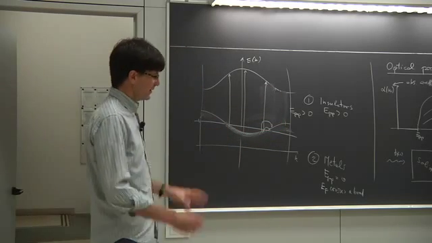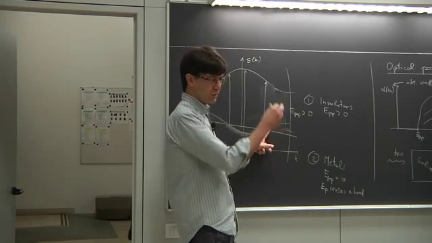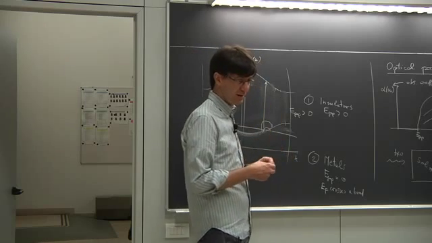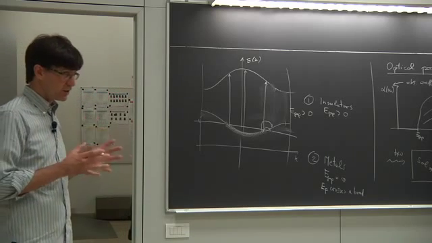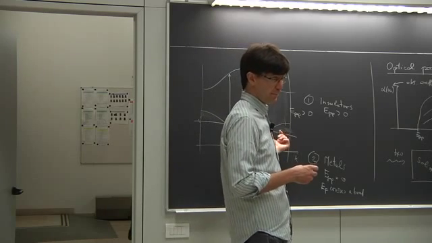So the bottom line is that these kind of processes are allowed, so optical excitations can take place by violating this vertical selection rule. The intensity is not too large, but it is there.